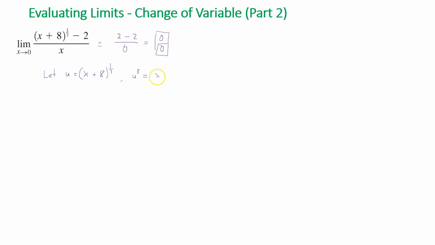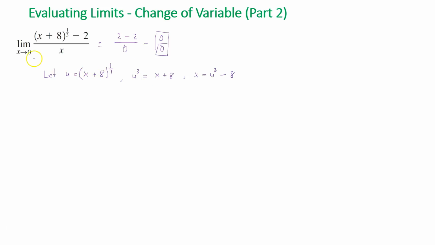So I'm going to get u cubed equals x plus 8. Now what you're going to have to do anyway, in order to know what x is equal to in terms of u, is isolate for x. So x is equal to u cubed minus 8. I'm just moving the 8 over to the other side, isolating for x.